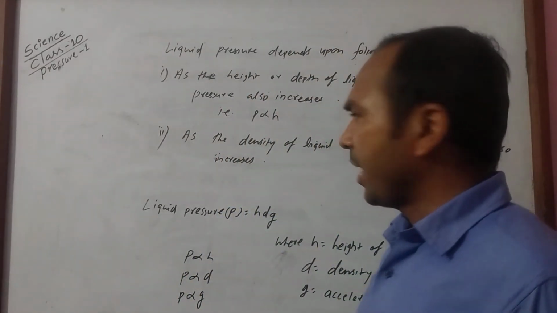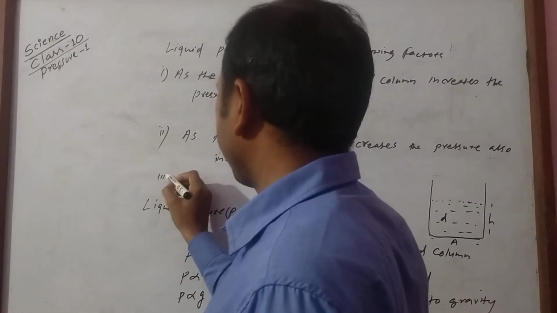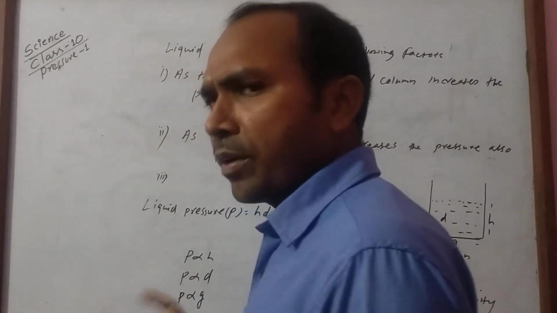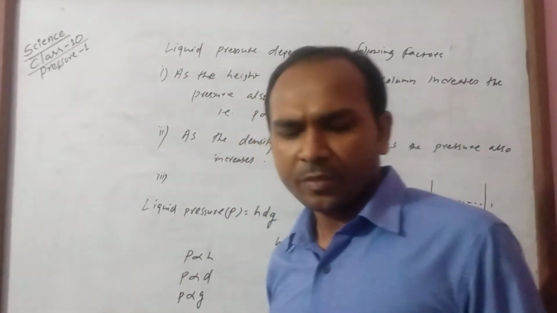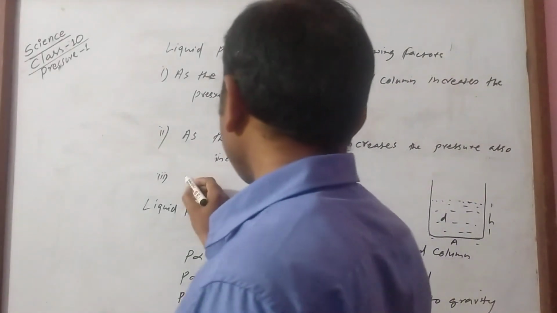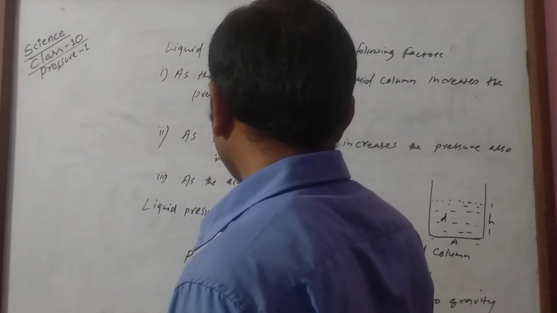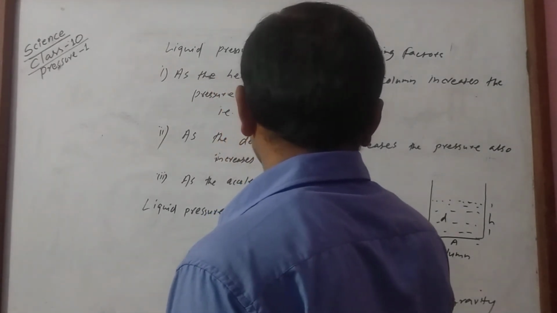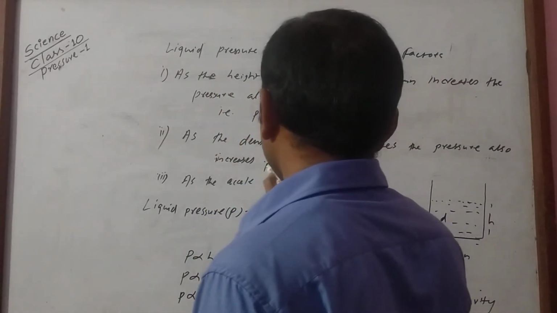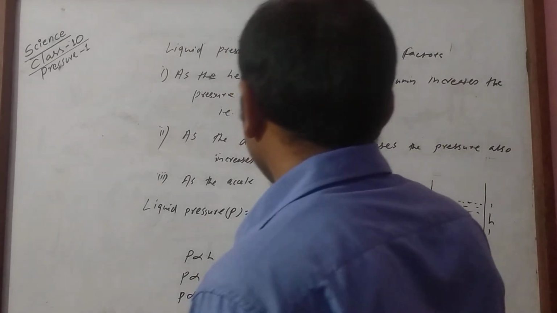In this way, acceleration due to gravity also plays a vital role, but when we take it at one place, then it becomes constant. That is, as the density of liquid increases, P is directly proportional to d.